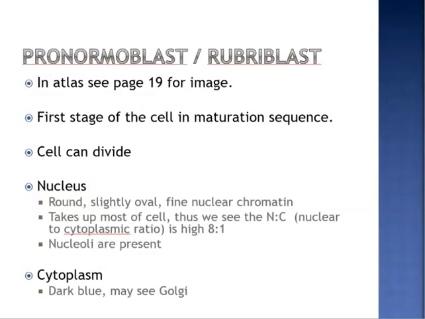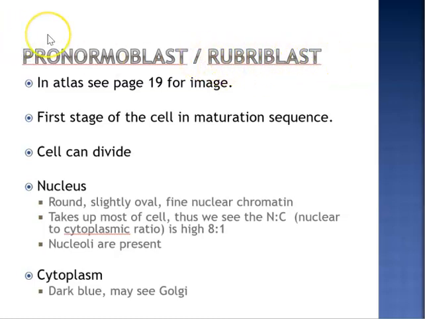Okay, now we're going to go over the very first step in the maturation sequence for the red blood cell. The way I've got this set up, for each step we've got the two different names for the naming sequence up here at the top. On the left-hand side, we've got the normoblastic naming system, and on the right-hand side, the rubriblastic.